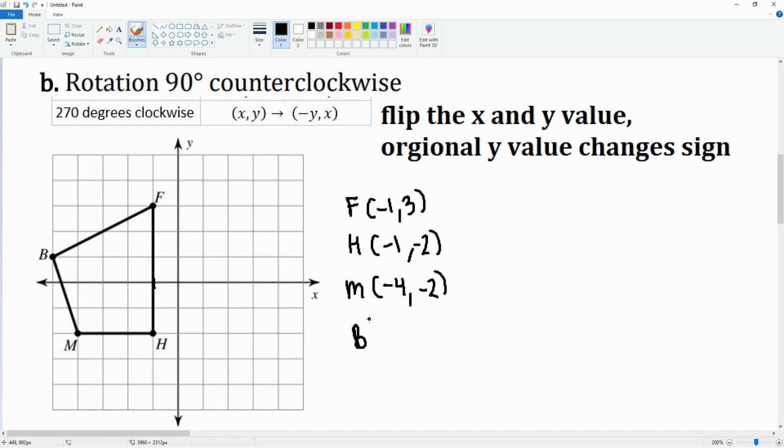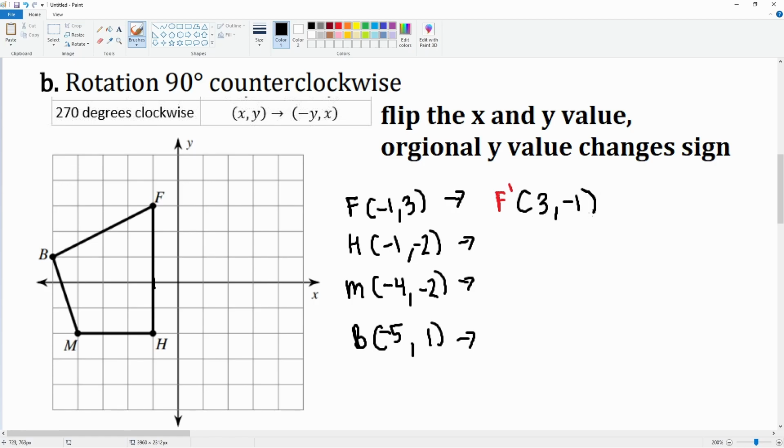And B is the value of -5, comma 1. All right, so these all undergo a transformation of a rotation of 90 degrees counterclockwise. And F prime, we flip-flop these X and the Y's.